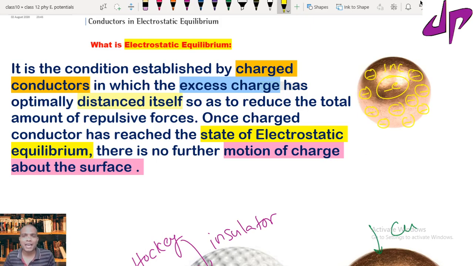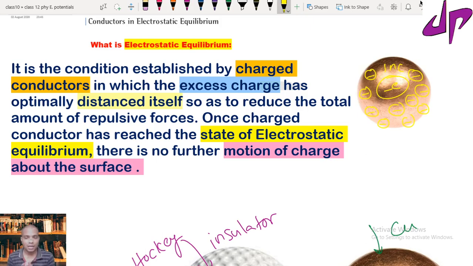So we will take this as a general property for conductors, as simple as a duck soup. If you give a charge to a conductor, the electrons carry the charge, and that charge is distributed equally all over the conducting surface within a fraction of a second. It reaches a state known as the state of electrostatic equilibrium.